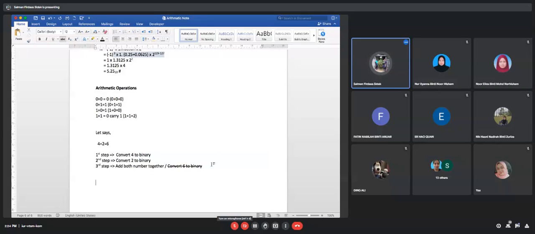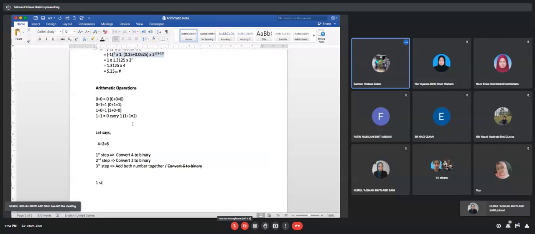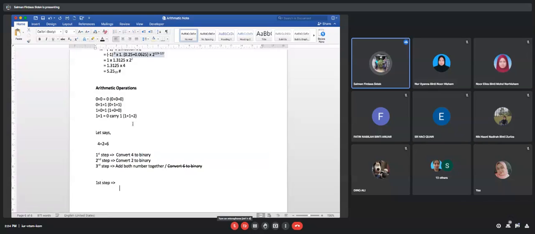So the first step. What is the process of the first step?